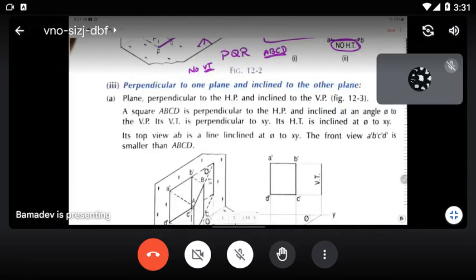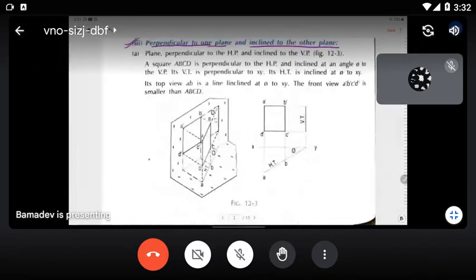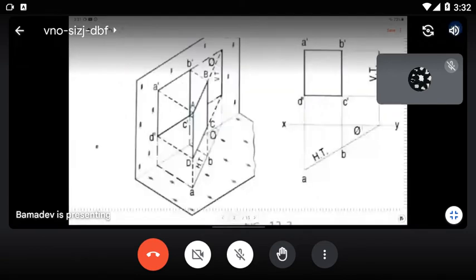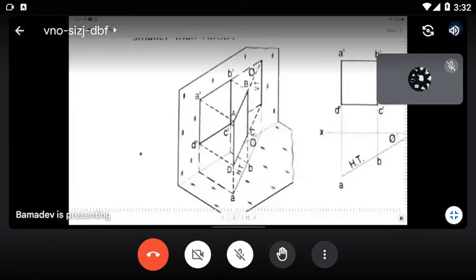The third category of perpendicular section is perpendicular to one plane and inclined to the other plane. In this case, how do we draw the projections? See this carefully.